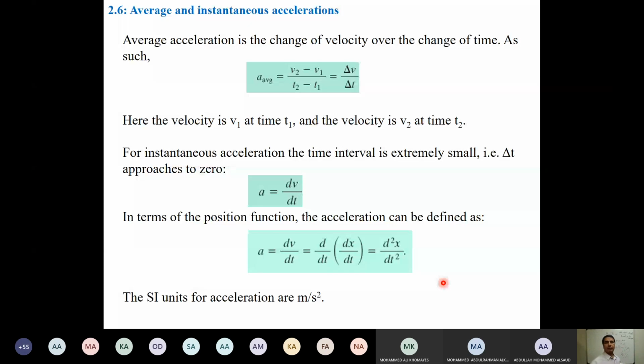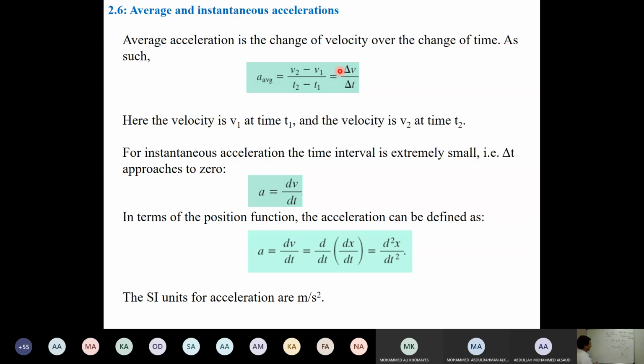Average acceleration is the change in the velocity over the change in time. And hence, in this example, we have V1 as our first velocity and V2 as another velocity. And if you want to go with the instantaneous, the process is the same as we used to apply in the velocity sections.